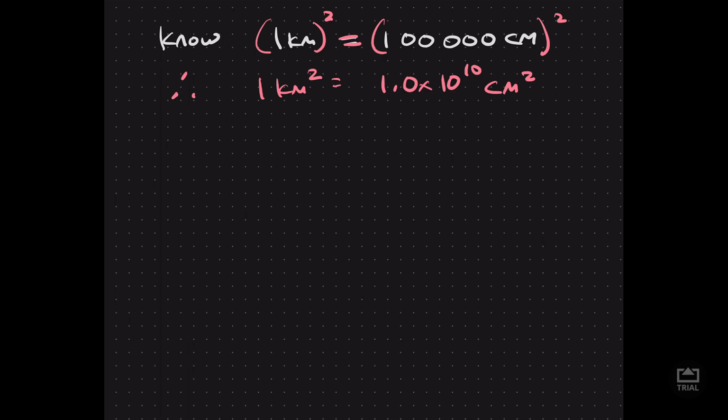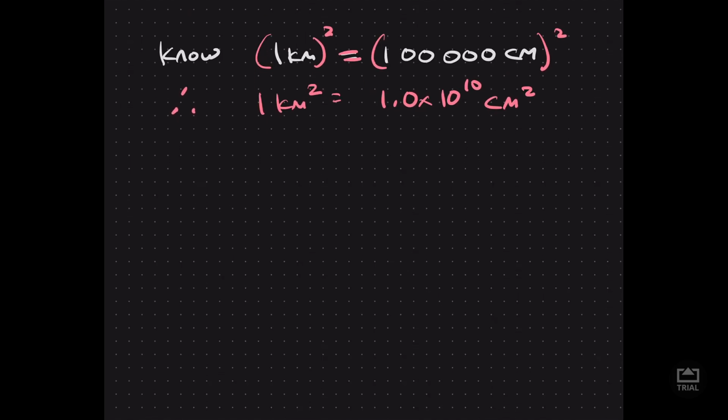And now that I have that information right there, I can use two ratios or proportional representation here to basically convert to those new units. So I have 1 kilometer squared, and I'm saying that equals 1.0 times 10 to the 10 centimeters squared.